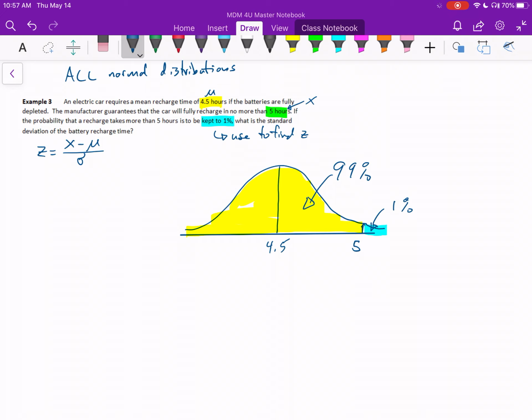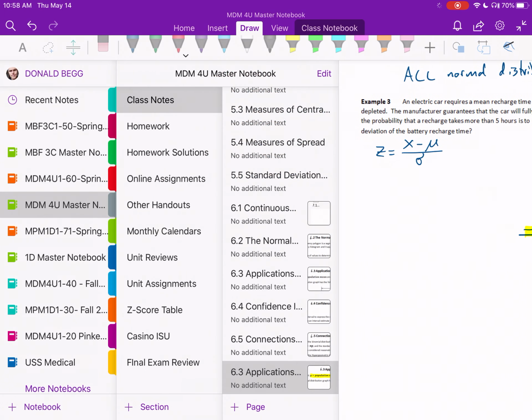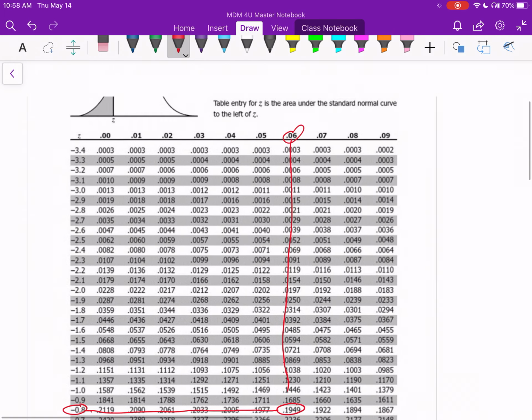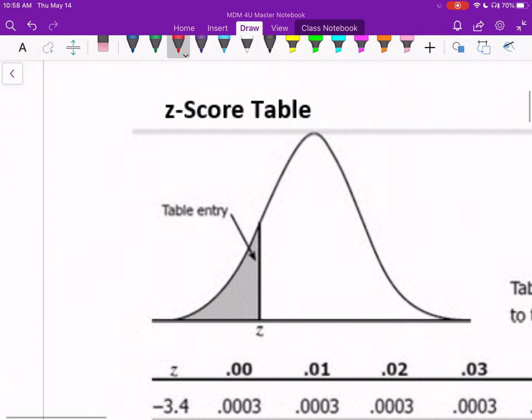Again, in case you're lost, the reason why I'm looking at this bigger area is because we're always measuring to the left of our line. Our z-score tables are always looking at things that are to the left of the line, right?